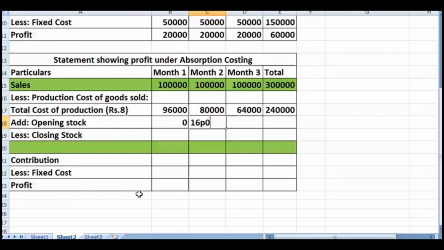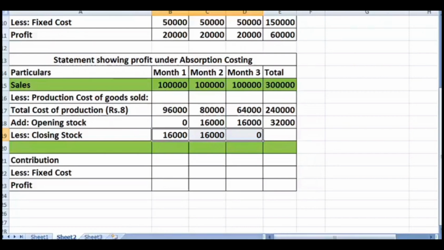Next is 2,000 into 8, 16,000. Now closing stock: 16,000, then 16,000, and then 0. Okay. So here is the total.